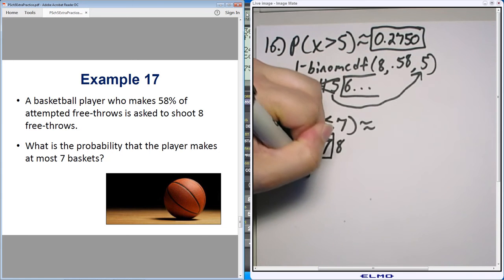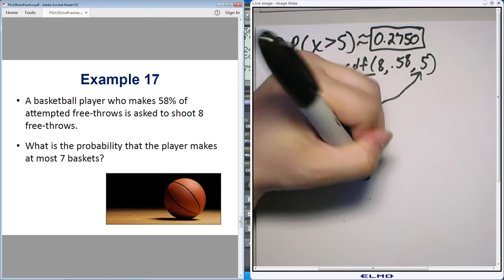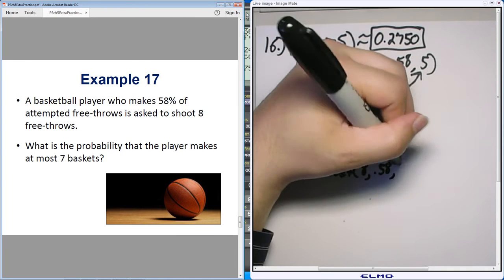Well, that means we can use binom CDF, 8, .58 and 7.